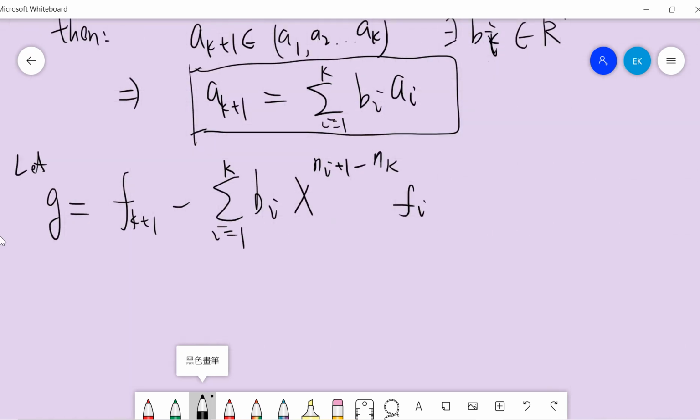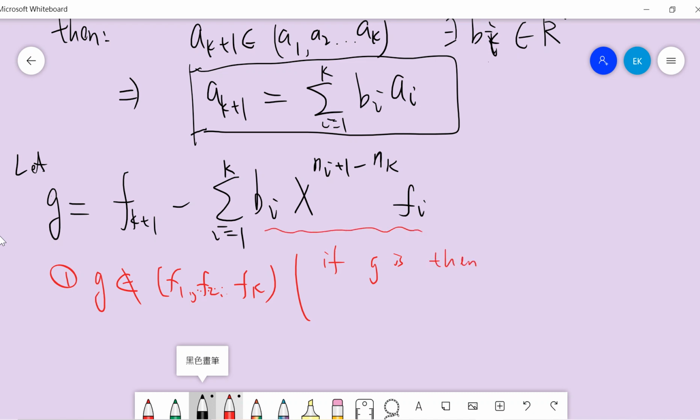Here comes the important point. First, g is not in (f1, ..., fk). The reason is that if g were in it, then f_{k+1} would be g plus this sum, which is in the span of f1 to fk, so f_{k+1} would fall into the ideal generated by f1 to fk.